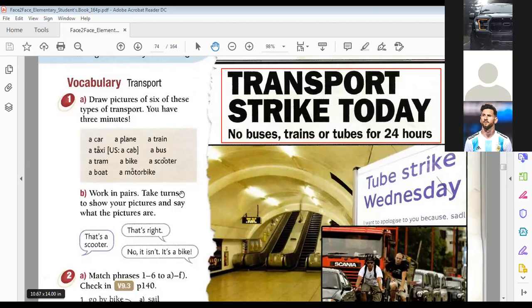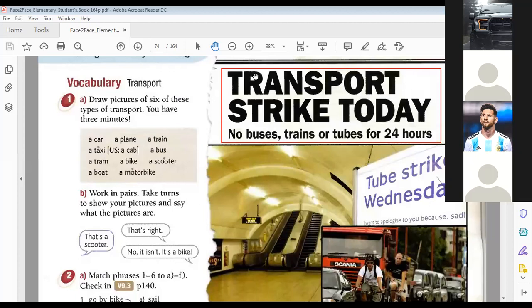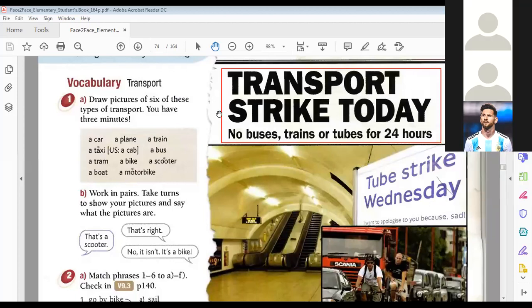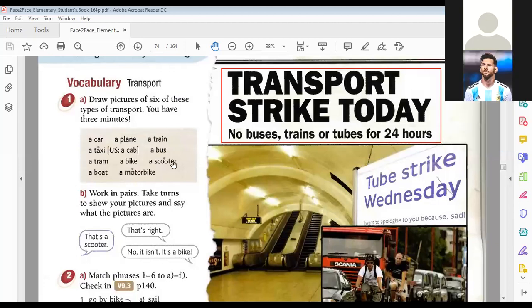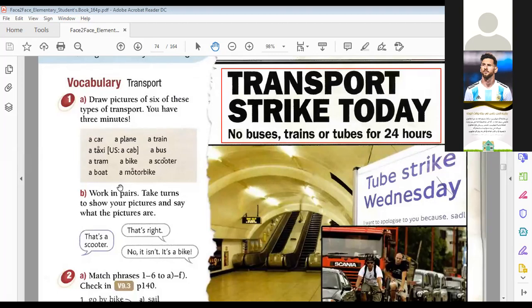What do you think? Hannah, are you there? Yes, I am here. Okay. Maybe the transport is always crowded. Okay, maybe the transport is always crowded. Correct? Coronavirus. Maybe coronavirus. Very good. Maybe the drivers are afraid, right?